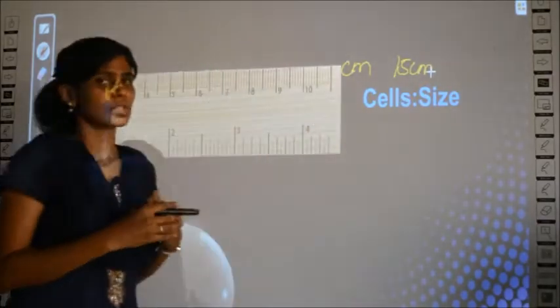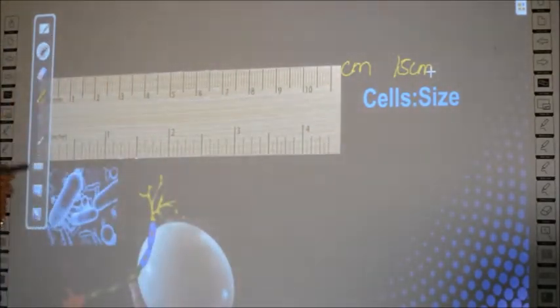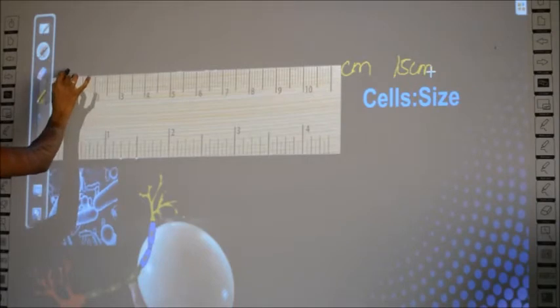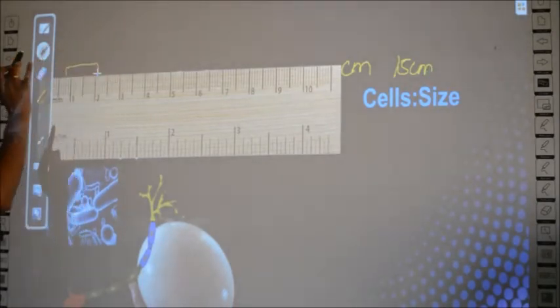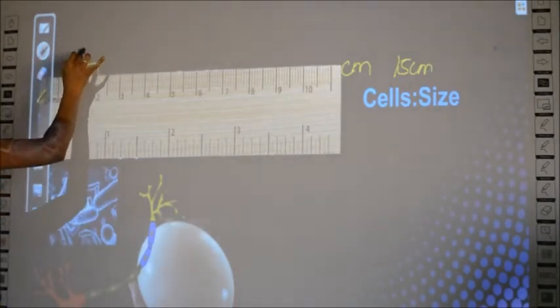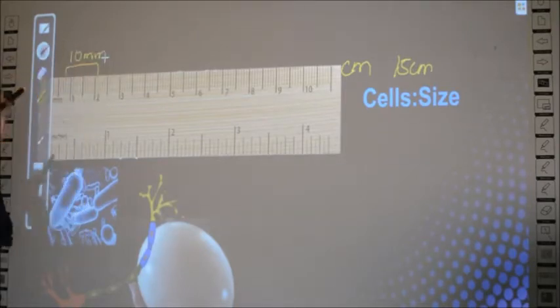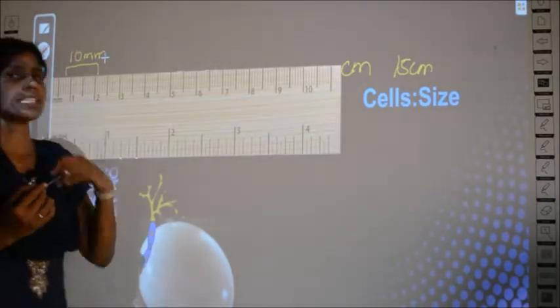If this is 1 centimeter, how much does 1 centimeter have? It has 10 millimeters, right? So you know about millimeters and centimeters.